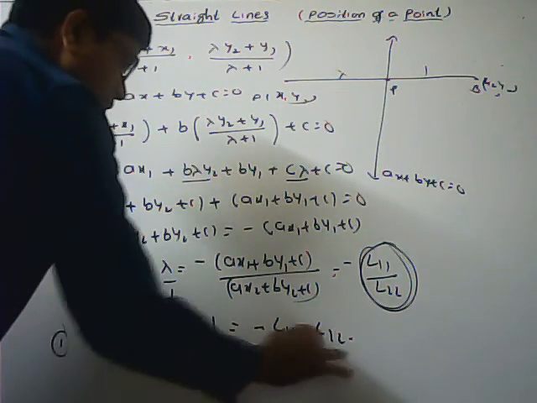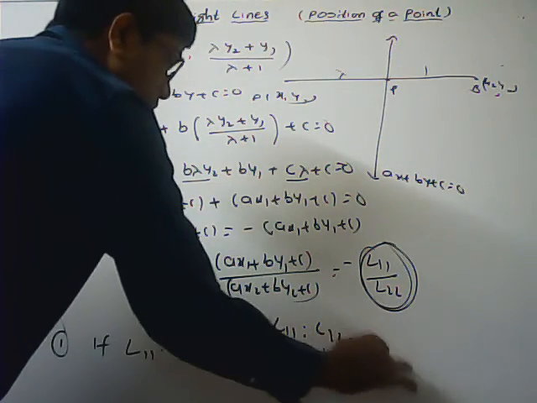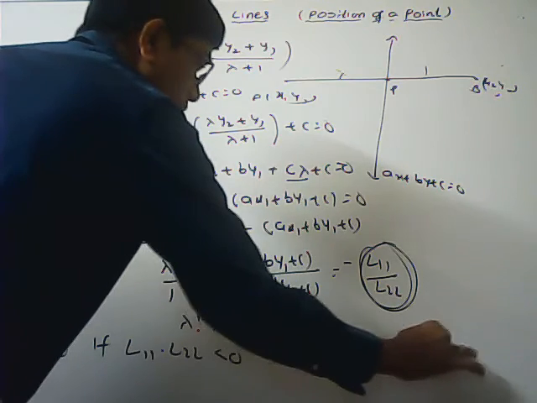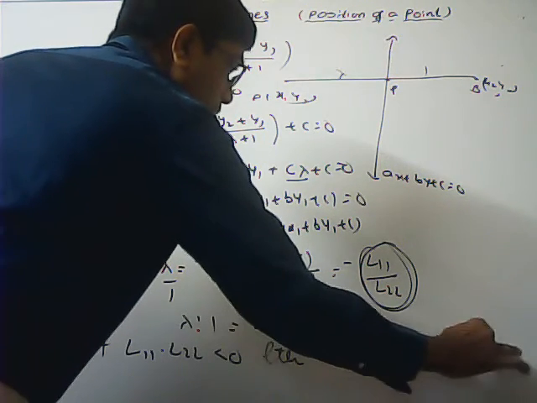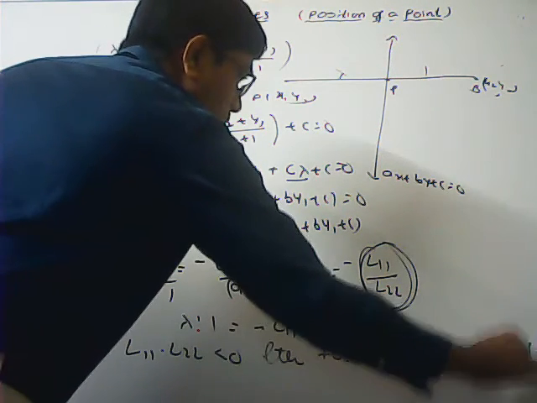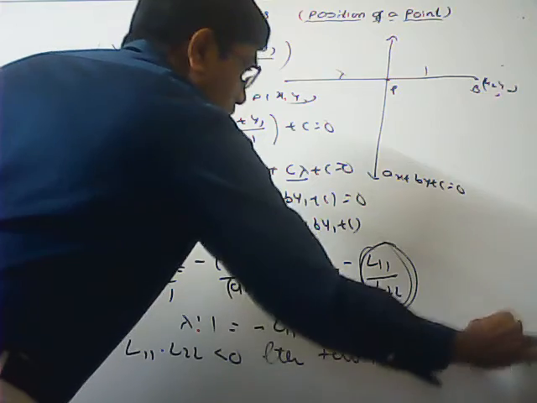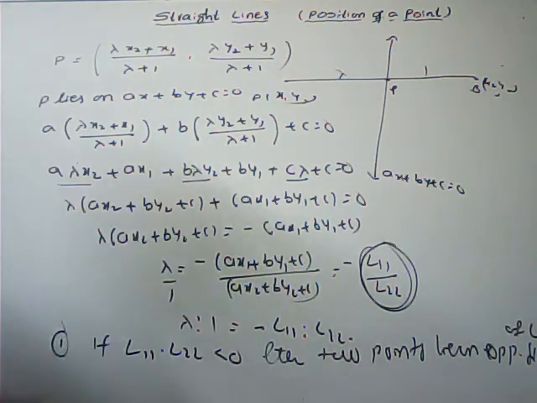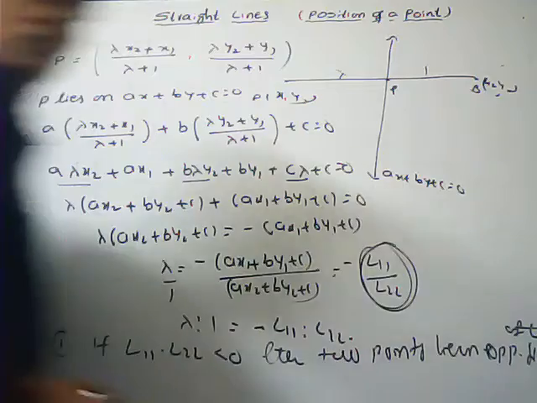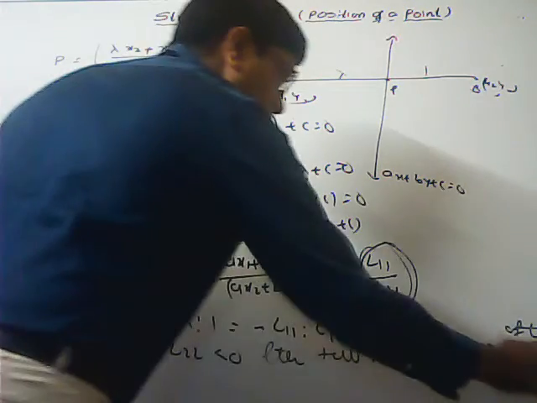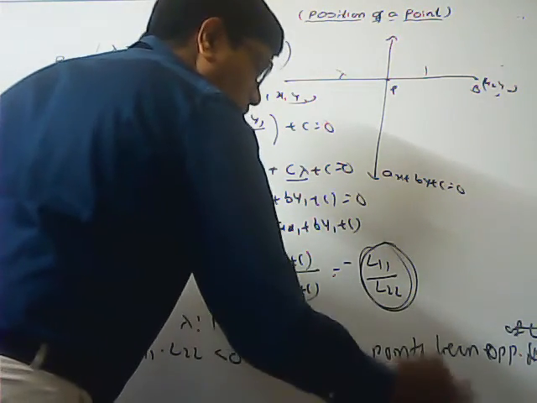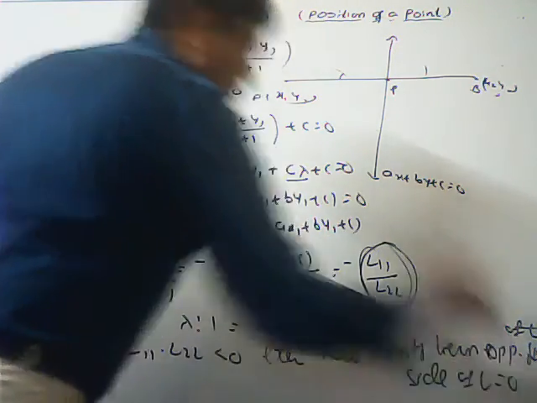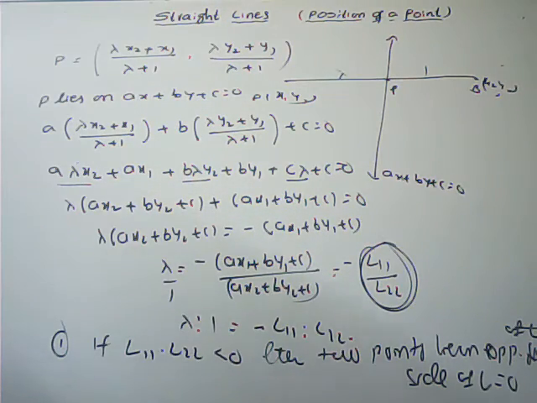Opposite side of L equals 0. Next, one more point.